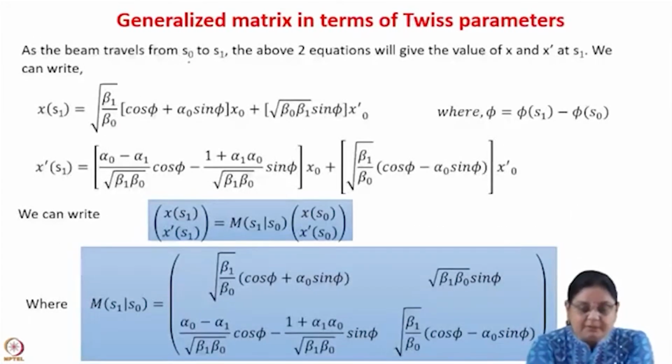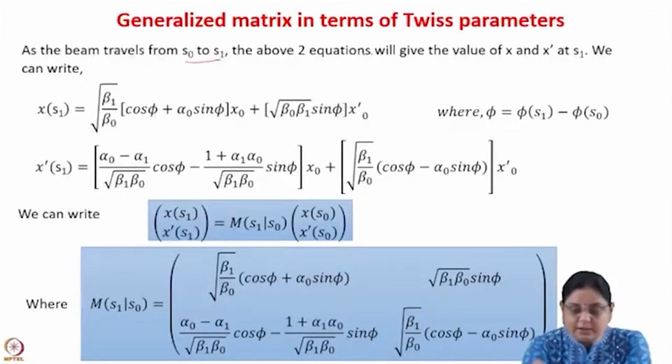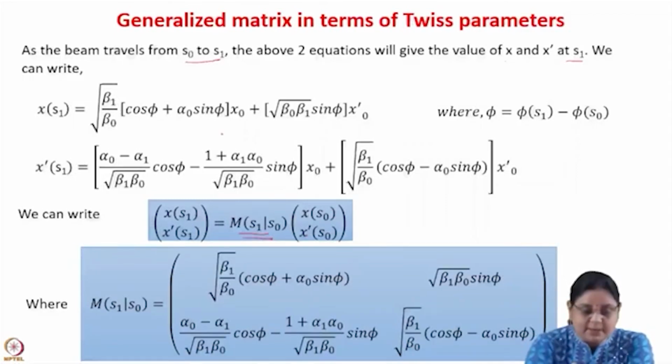So as the beam travels from S0 to S1, the above equations will give the value of x and x prime at S1. From these expressions, you can write this in matrix form, and you will get x at S1 and x prime at S1 as simply some matrix M times x at S0 and x prime at S0, and this matrix will come from these two expressions.